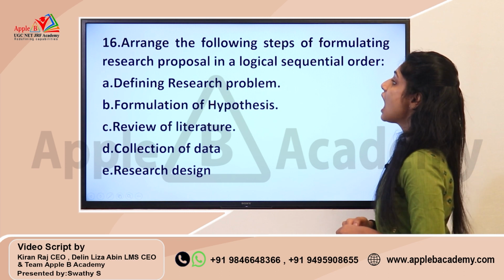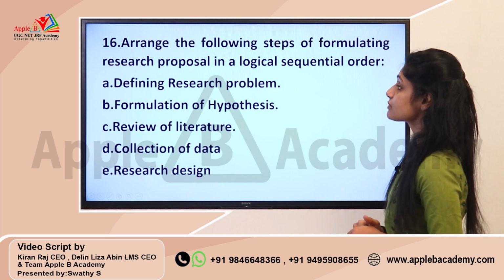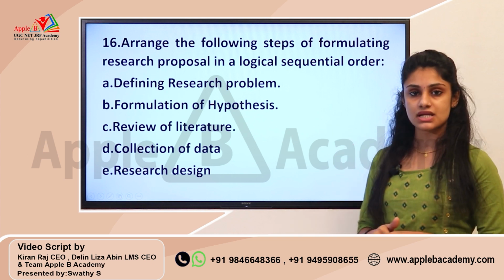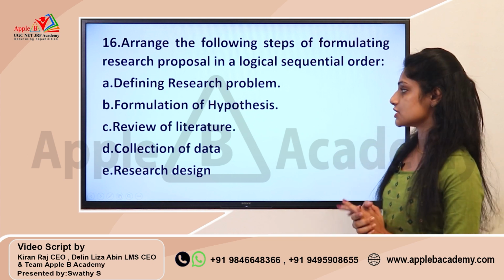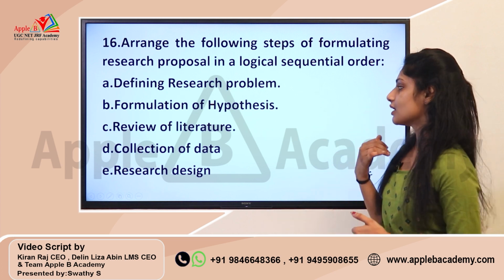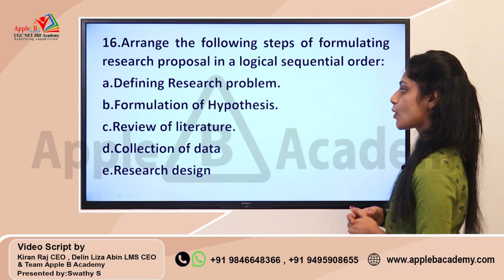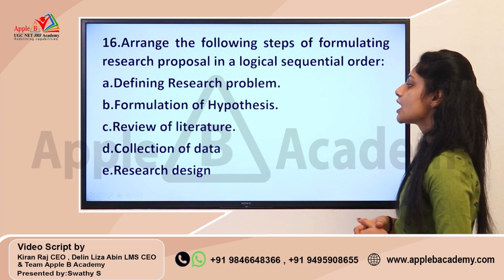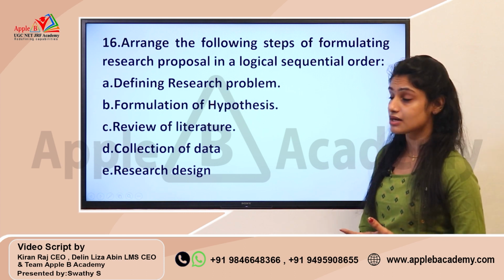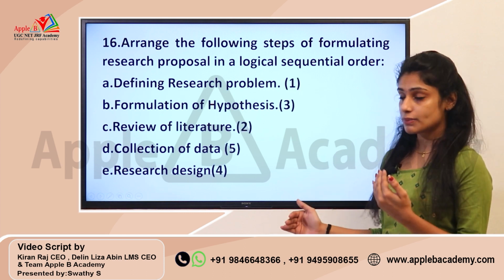Question number 16, arrange the following steps of formulating a research proposal in a logical sequential order. So again this is a question from statistics, from the chapter on research. You have to arrange these steps in order. Okay, so defining research problem, formulation of hypothesis, review of literature, collection of data, research design. This is a very direct question, and the steps should be like this.